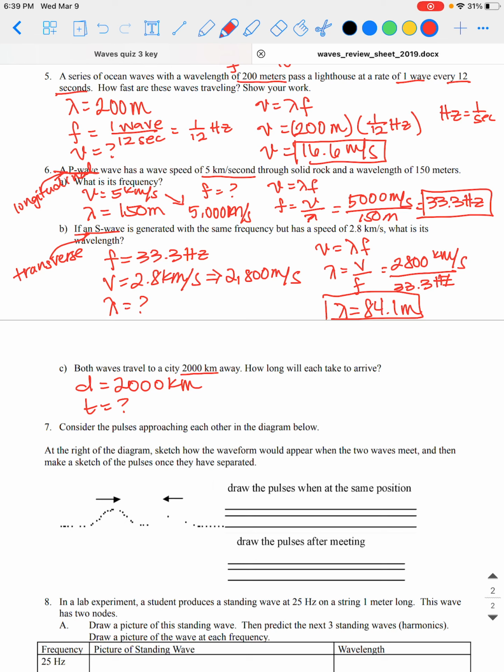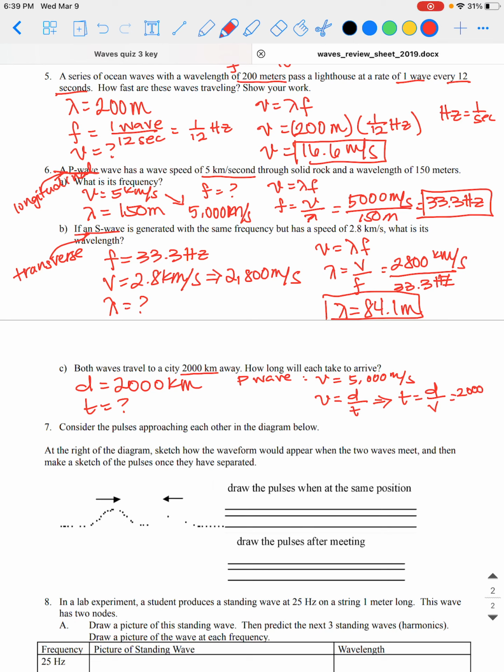So let me use different colors. I'm going to use for the P wave, the velocity was equal to 5,000 meters per second. And because we have distance and time rather than lambda and frequency, I'm going to use the equation velocity equals distance over time. And so if I solve for time here, time is equal to distance over velocity, and that gives me 2,000.